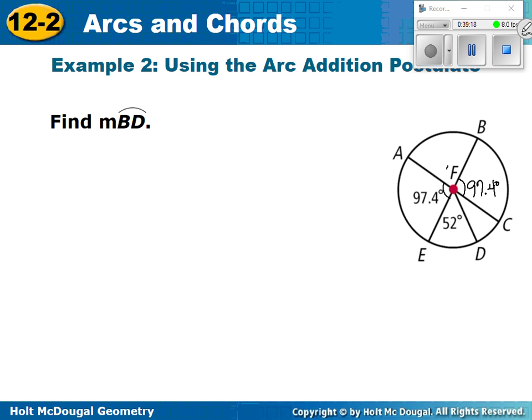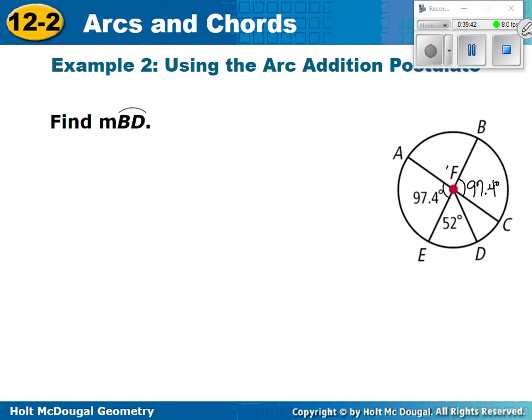But are these arcs congruent? No. So that's the part I want to warn you about. They're only going to be congruent arcs if they're central angles. If those angles are shifted away from the center, that does not make the arcs congruent anymore. The angles are still congruent, but the arcs are not. So be careful.